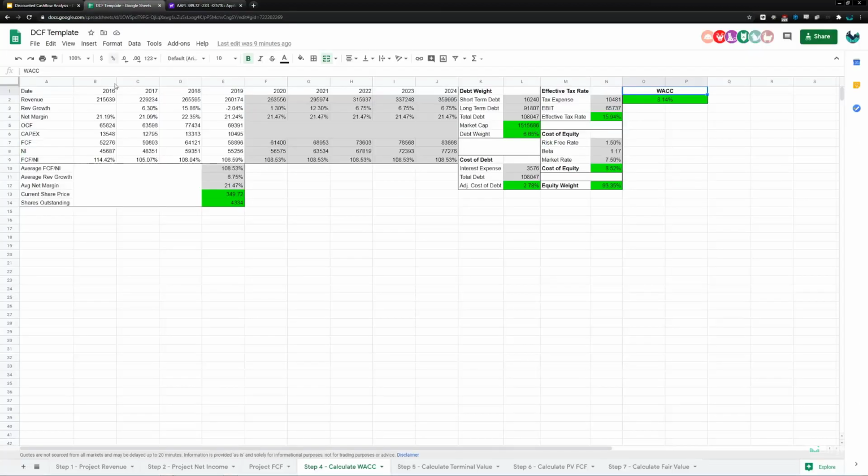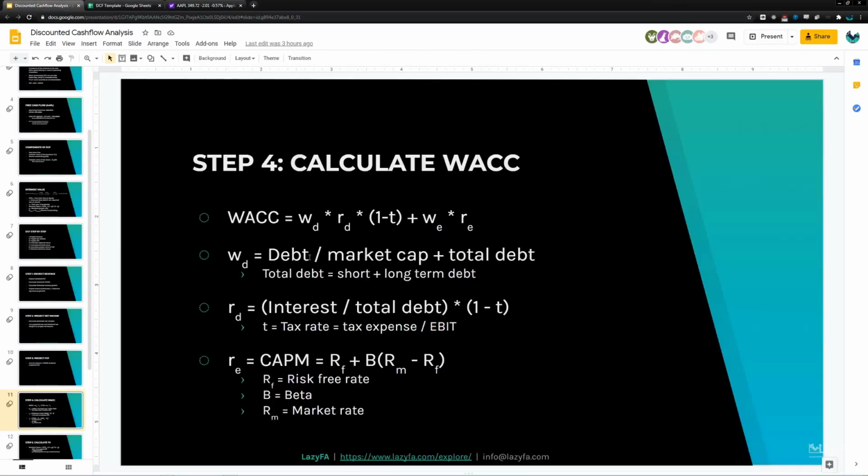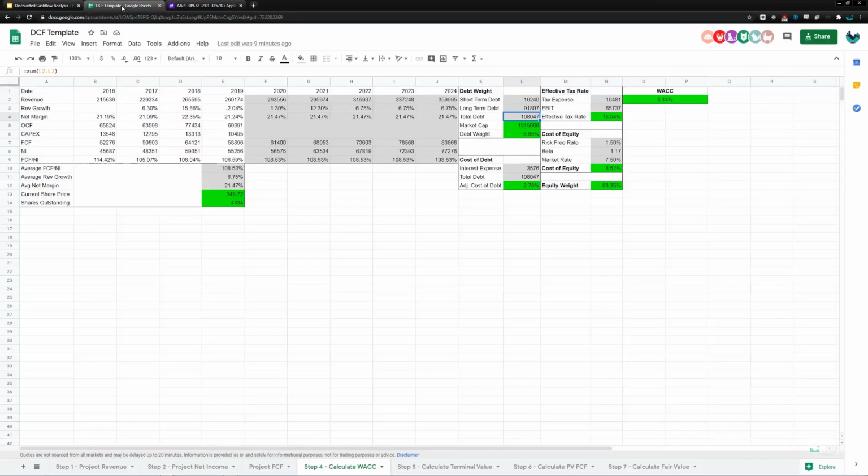And in order to make it simple and to show how this is calculated, I broke those into individual pieces here. I know that the total debt is just 108 billion, but just to show how it's calculated, we bring in both short-term and long-term, just add them together. So that's total debt.